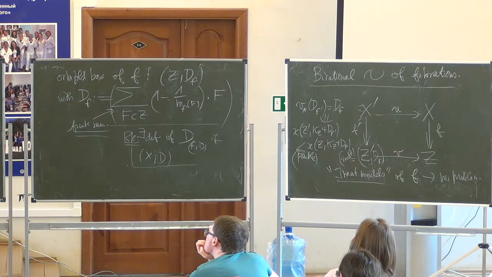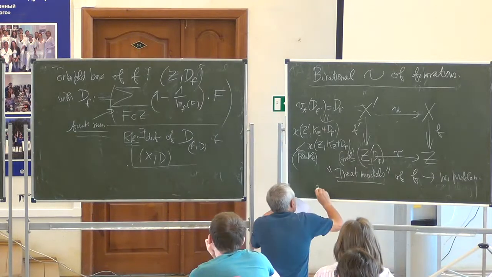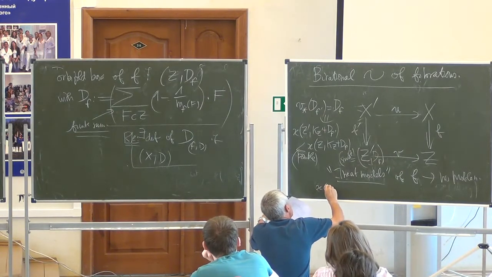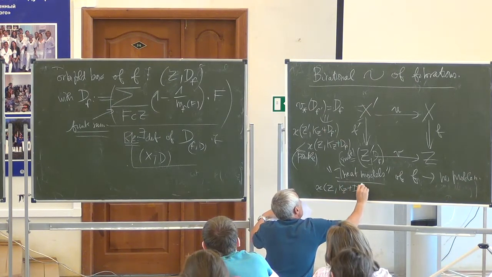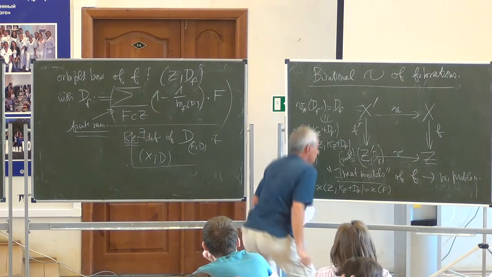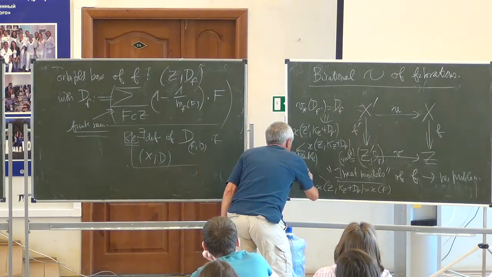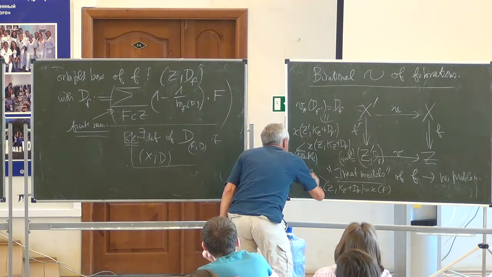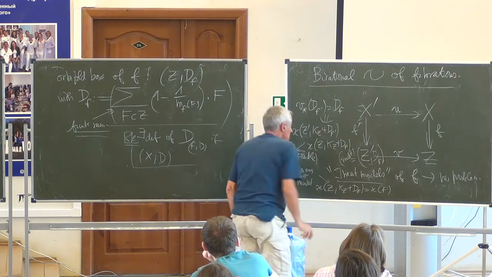And so in this sense, I will always define kappa of Z and KZ plus DF, let me call it just kappa of F here. So for neat, this is on a neat model.